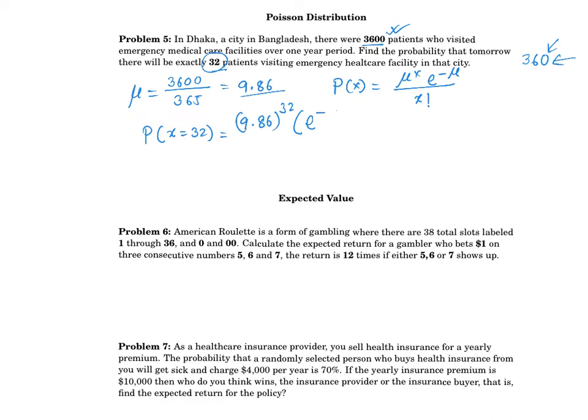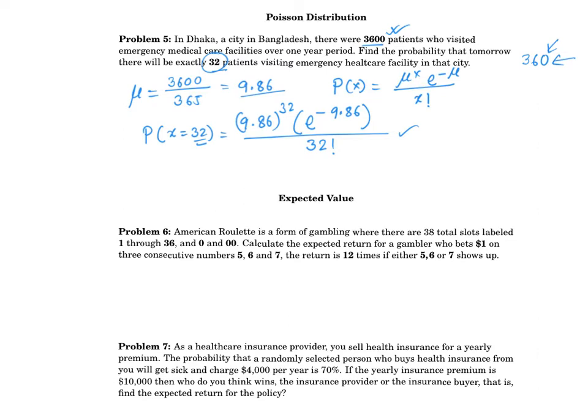Negative mu is negative 9.86. All of it divided by x factorial. X is 32, so 32 factorial. And use your calculator to simplify it. I kind of want to make it simple in a way. So I gave you this problem, and this should give you an idea about Poisson distribution.